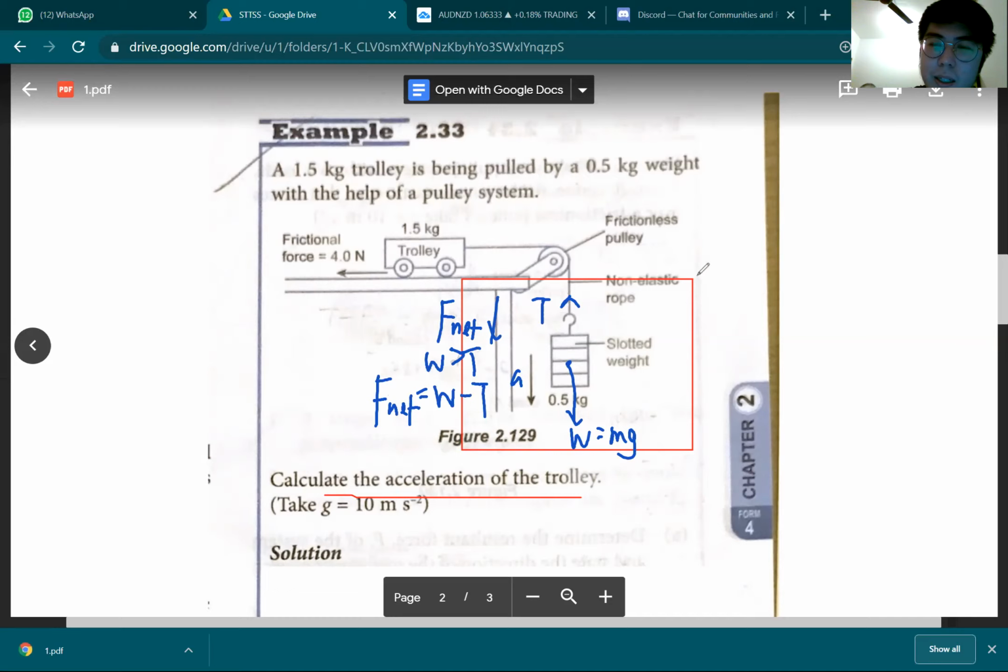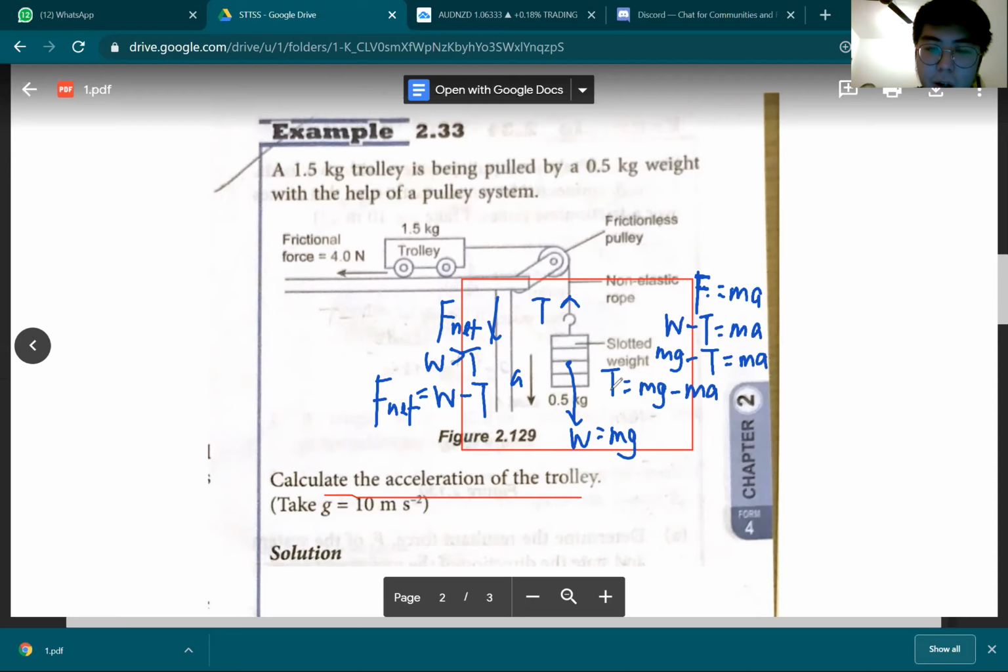From here, you use Newton's equation, which is F equals ma. You will use this very often. Remember that F is F net, so it becomes W minus T equals ma, and W equals mg, so mg minus T equals ma. Then I express T in terms of m, a and g, so T equals mg minus ma.